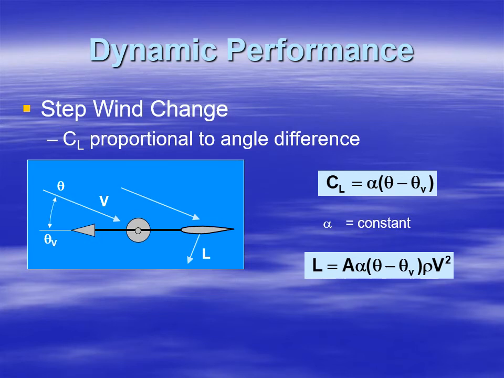And then multiply that by some constant alpha, and that gives you the coefficient of lift. And it varies with this change in angle. As the angle increases, the coefficient of lift increases. That just makes sense. So this is our equation. We're going to stick that coefficient of lift into our lift equation. And as you can see in the bottom, this is our new lift equation.